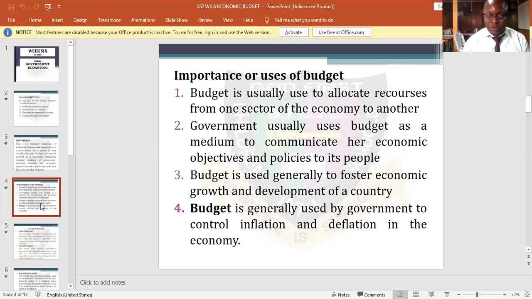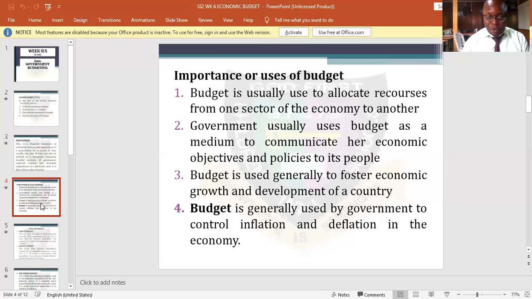So then budget is also used to foster economic growth. They use budget to develop the economy of the country and to ensure that economic growth is attainable. That is the third one.